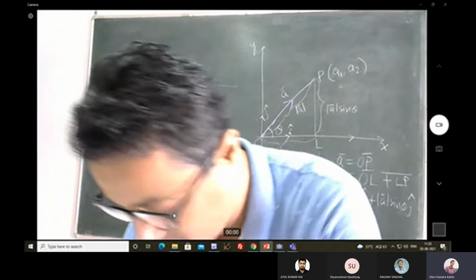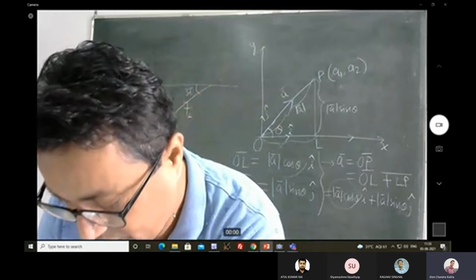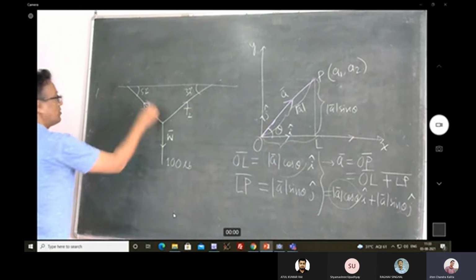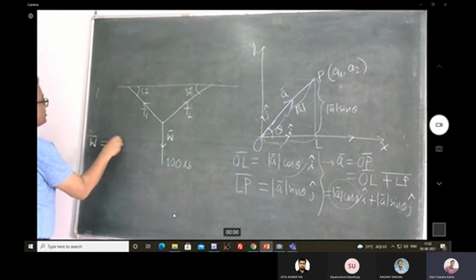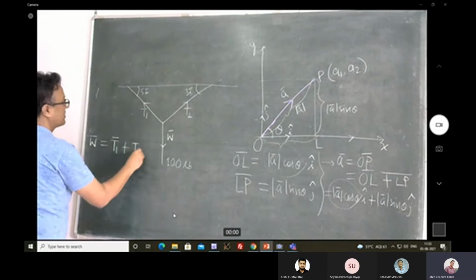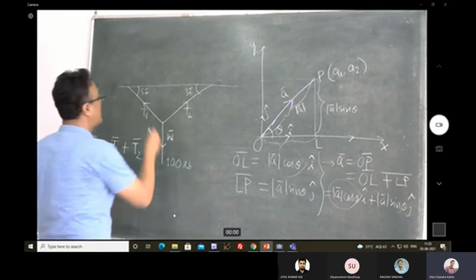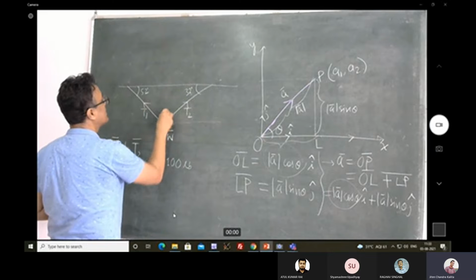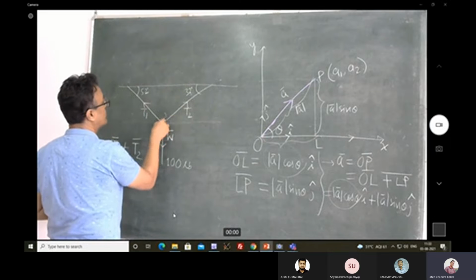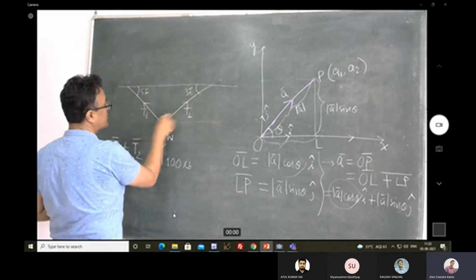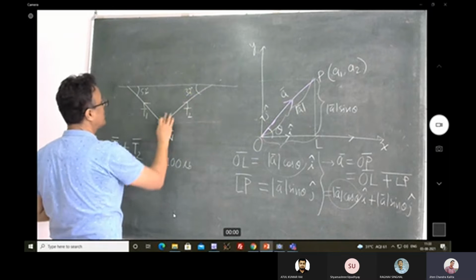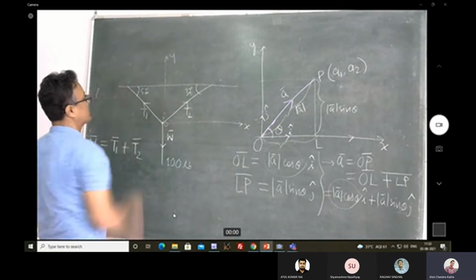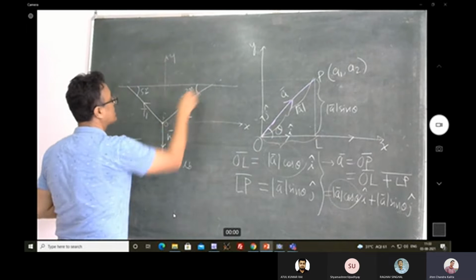Okay, fine. So I'm going to call it W, right? So from the figure, you can definitely say that W is equal to T1 plus T2. Okay. So now, if I consider the x-axis, considering the junction of the tensions T1, T2, and this weight W as my origin O, and if I consider the x-axis along this and the y-axis on this, so this is 32.